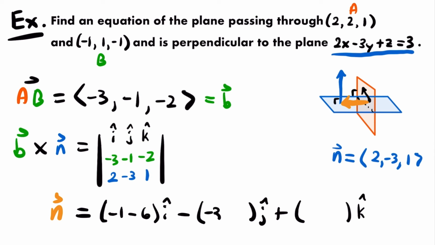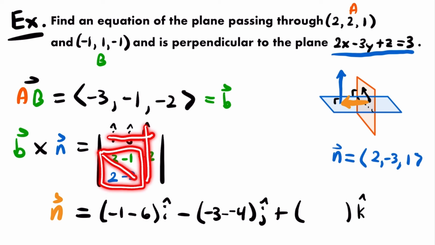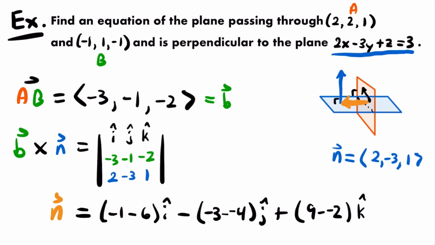So we have -3 minus -4. And then for vector k, we'll cross out that row and this column, and then use these four values to calculate a 2 by 2 determinant. -3 times -3 is +9, and then we are subtracting -1 times 2, which is -2. So we have 9 minus -2.